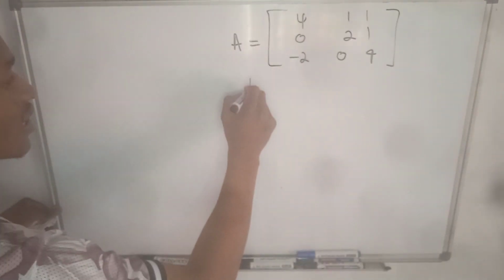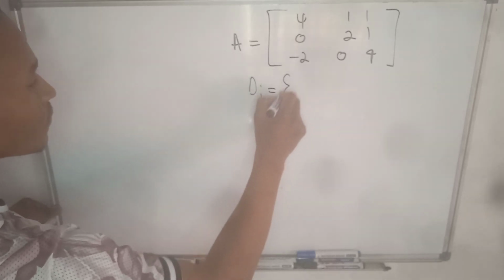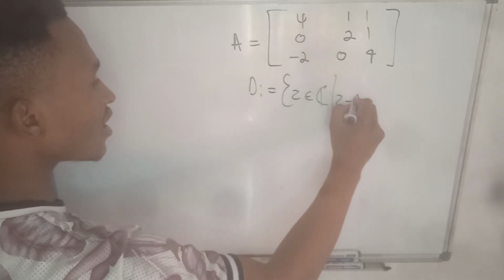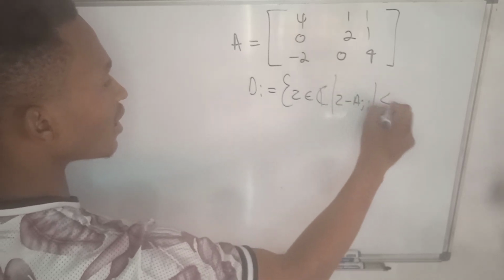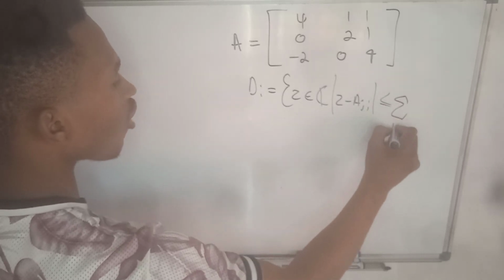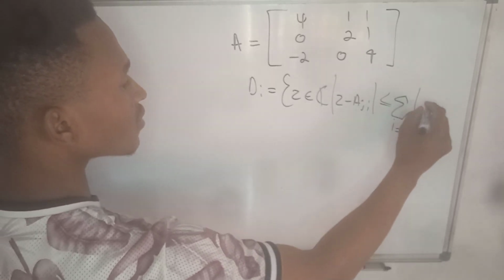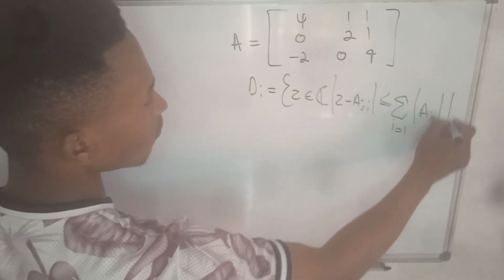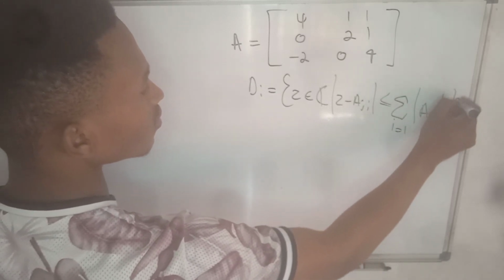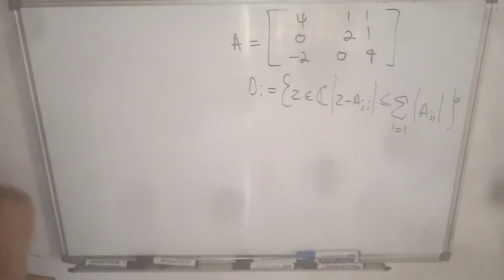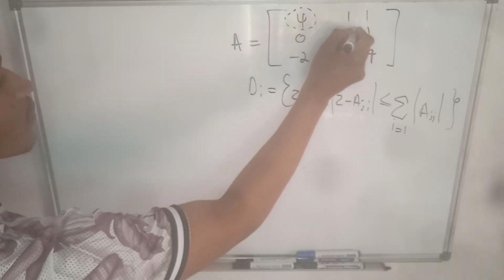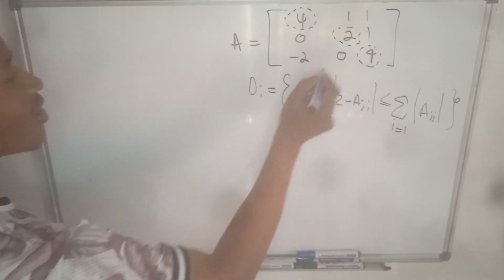Our theorem states that Di equals all the z which belong in the complex plane such that the absolute value of z minus aii is less than or equal to the summation of the absolute values of the radii. So this is how we are going to do this. We are going to check this number, and this one, and this one.